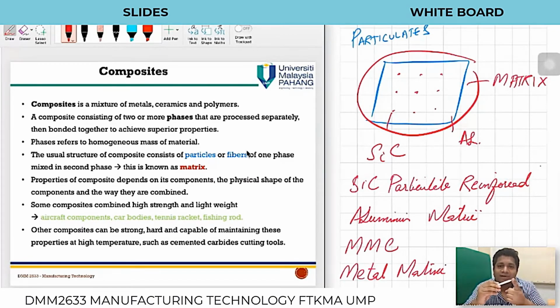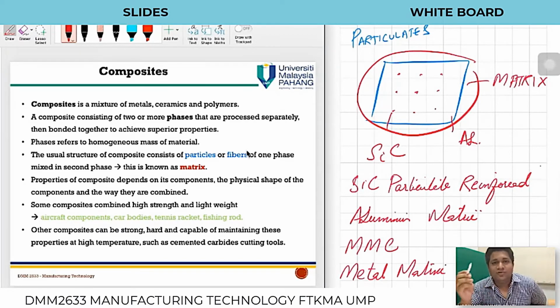In metals, we have ferrous material which has iron, and non-ferrous material which has no iron, such as copper, aluminum, magnesium, etc. In ferrous material, we have two types: steel and cast iron. Cast iron has carbon composition of 2 to 4%, and steel has less than 2%. Both have different properties.